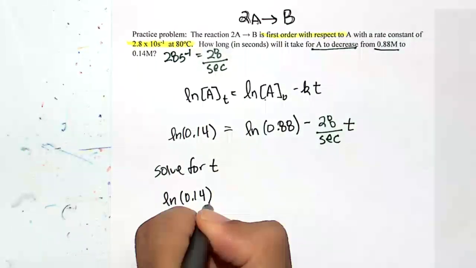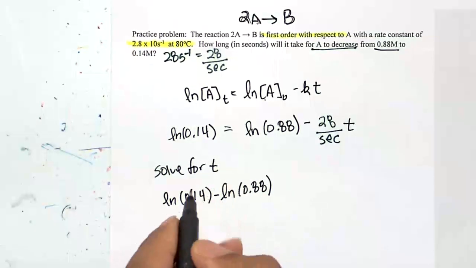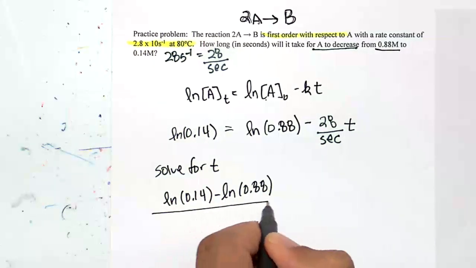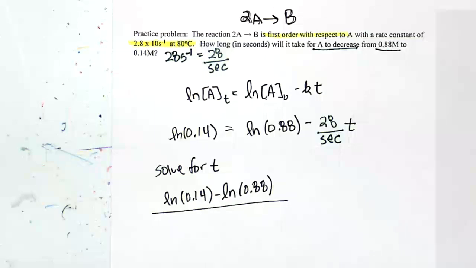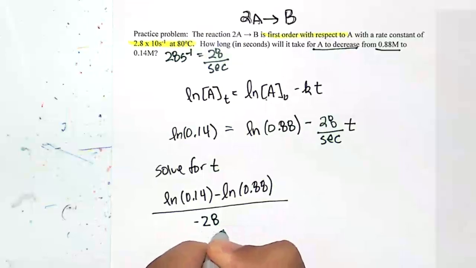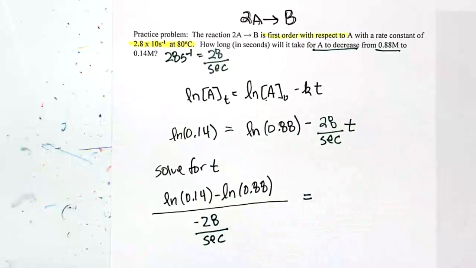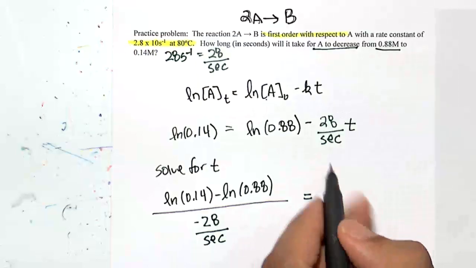I'm going to do natural log of 0.14 minus natural log of 0.88 divided by minus 28 over seconds. This is going to equal t, which is what I want.